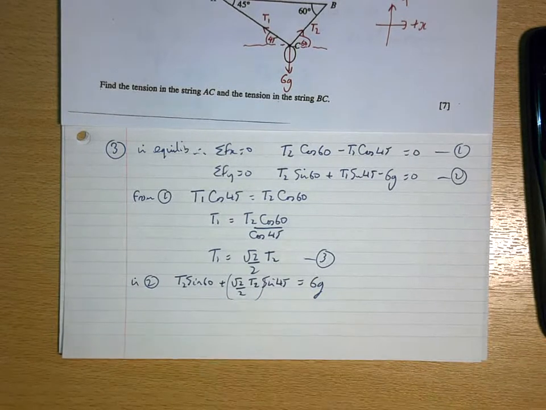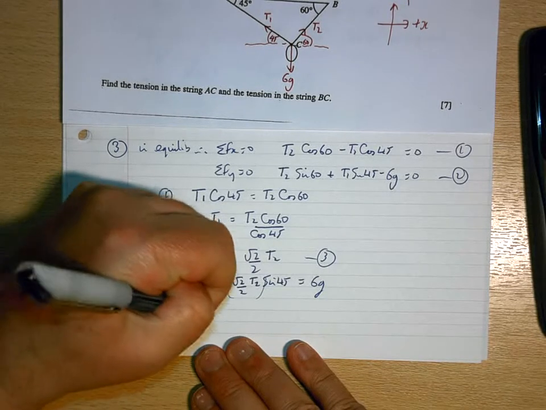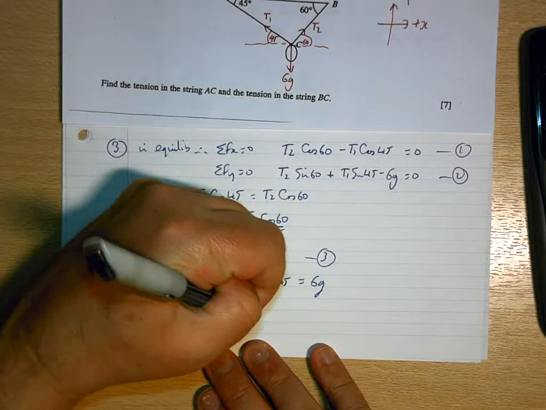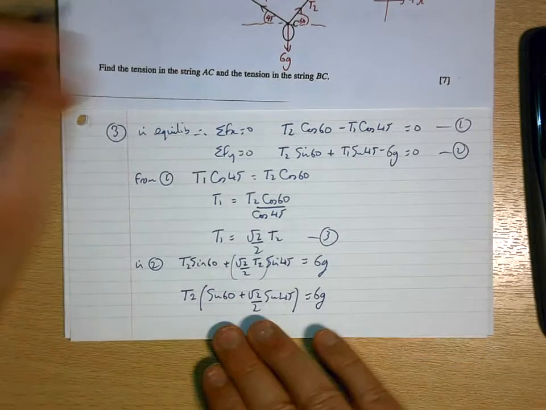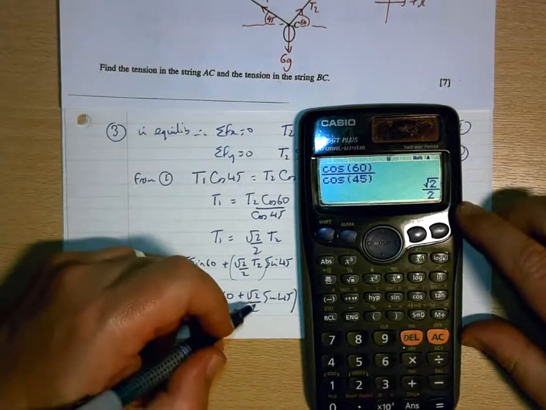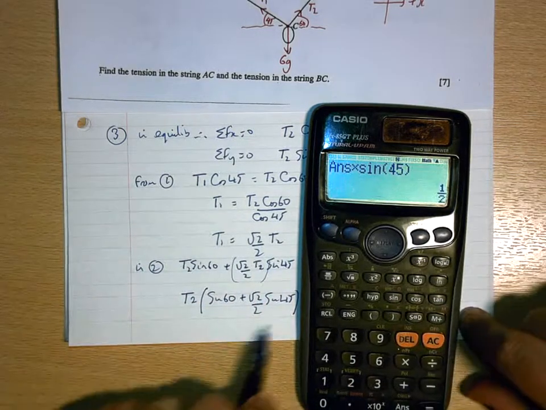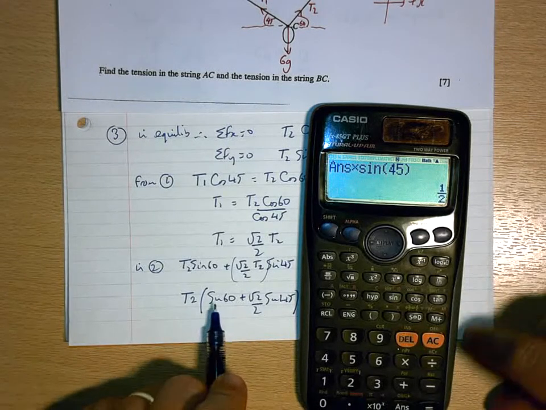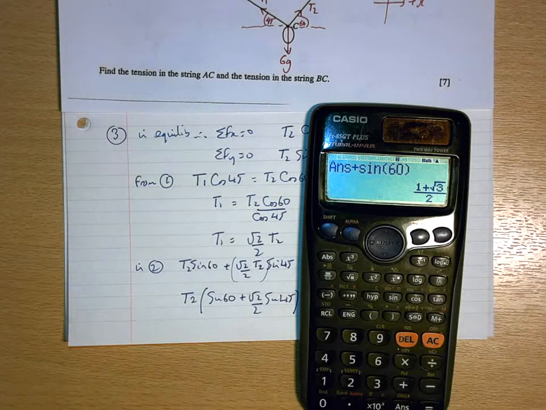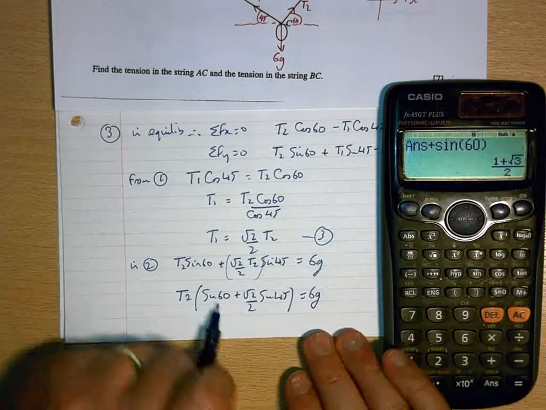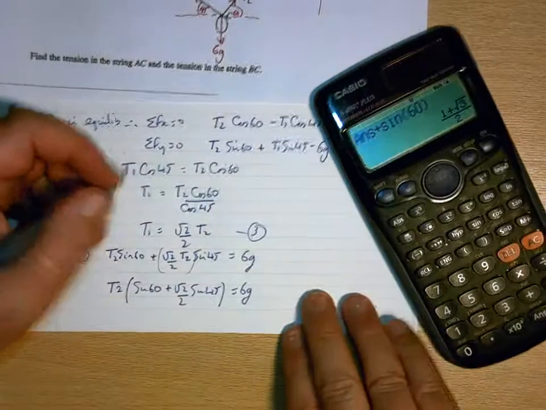Now here I can take the T2 out as a common factor, I can evaluate what that is. So it's root 2 over 2, so if I multiply that by sine 45, that's that part of it. And now I'm going to add sine 60 to give me that. So T2 is going to be 6g divided by that.